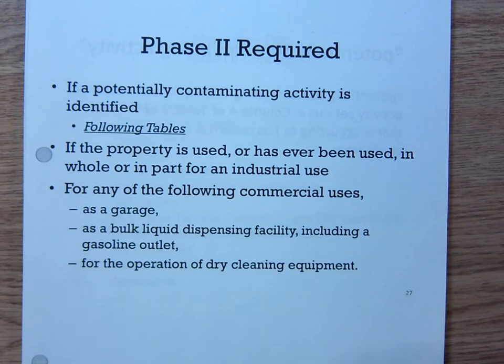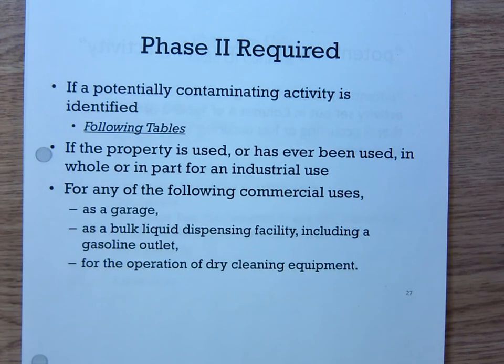If you identify any of those activities on the land and on the property, you're pretty much forced to do a phase 2 environmental site assessment. We'll talk about those contaminating activities.